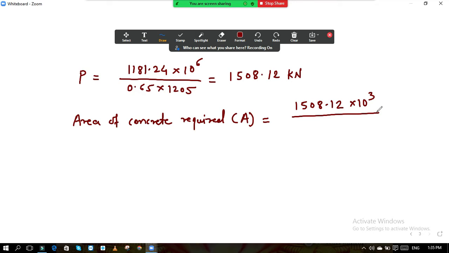The stress in the concrete is normally 14 Newton per mm square.